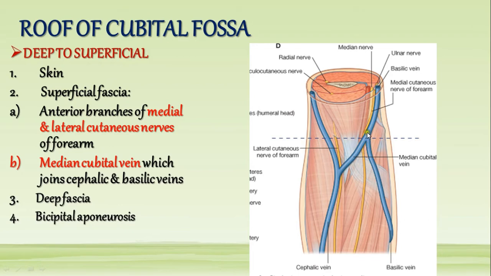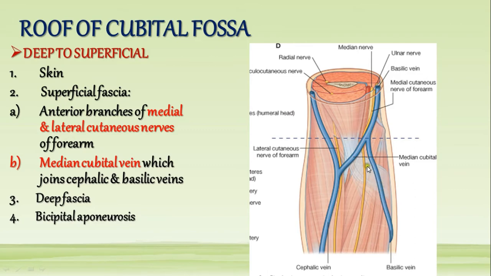The median cubital vein can also be seen in the superficial fascia overlying the cubital fossa. The median cubital vein is actually a connecting vein which connects the cephalic vein with the basilic vein.